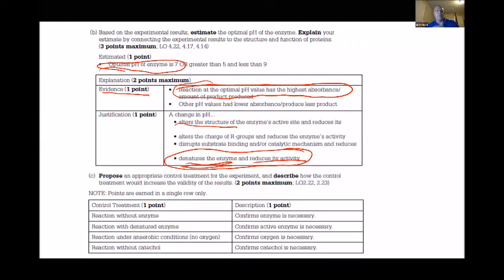Since I've already got it pulled up, C says propose an appropriate control treatment for the experiment and describe how the control treatment would increase the validity of the results. So remember that we already had, let's go back to our table for a second.